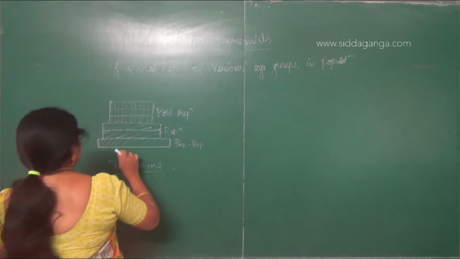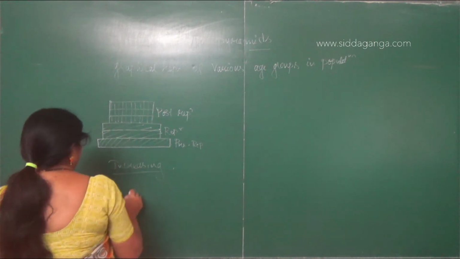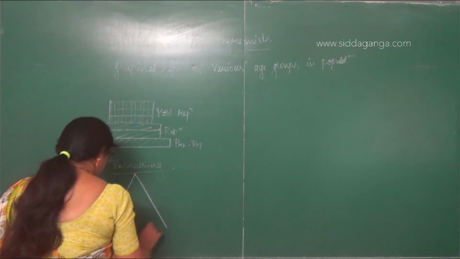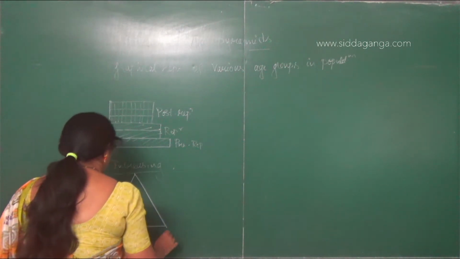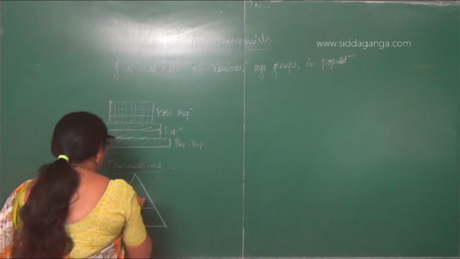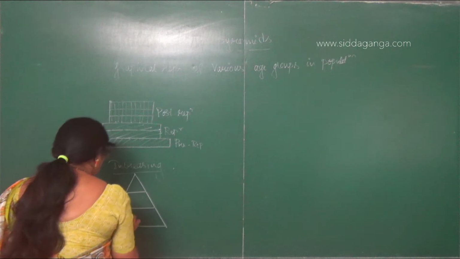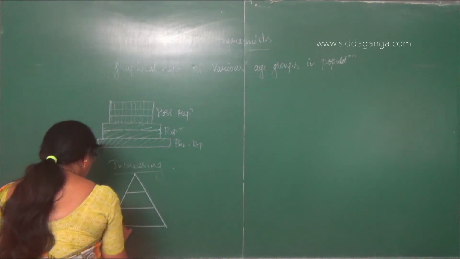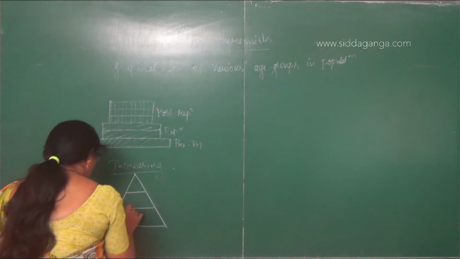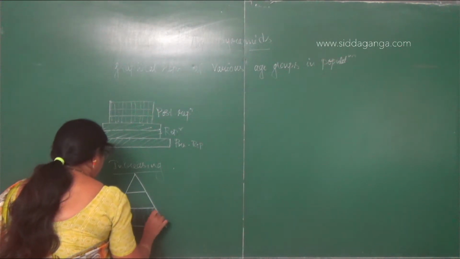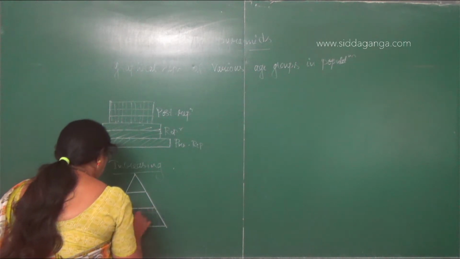So this will usually be a triangular type of age pyramid, which comprises the three groups of population. One is the pre-reproductive population, reproductive population, and post-reproductive population.